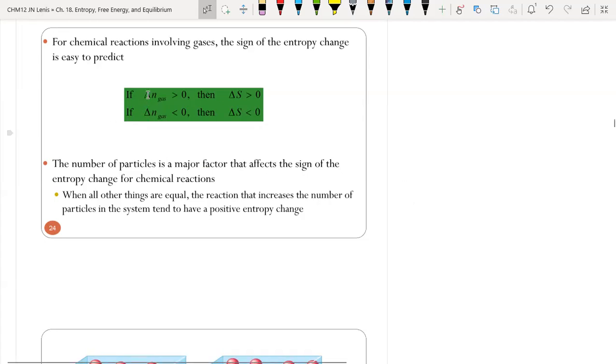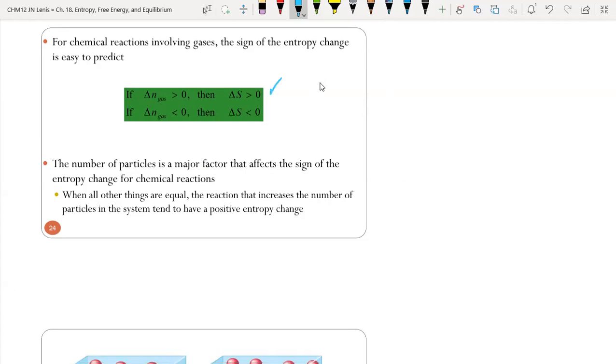In general, if delta n of gas, the change of gas, increases, then the change of entropy becomes positive. And that is good in terms of what nature likes.